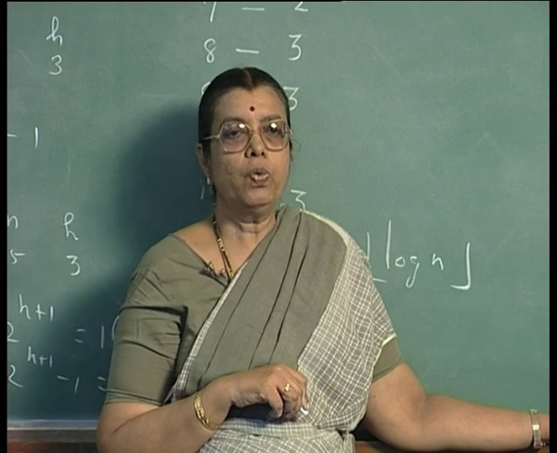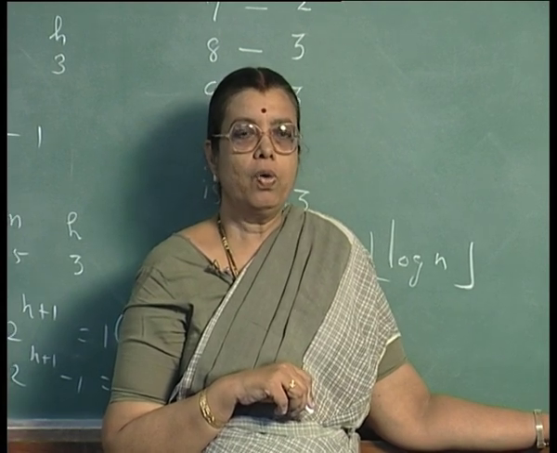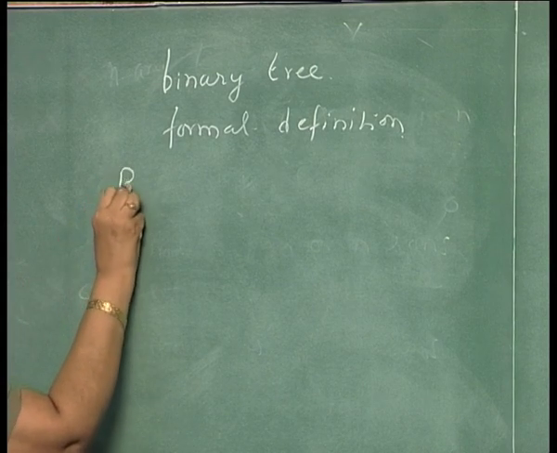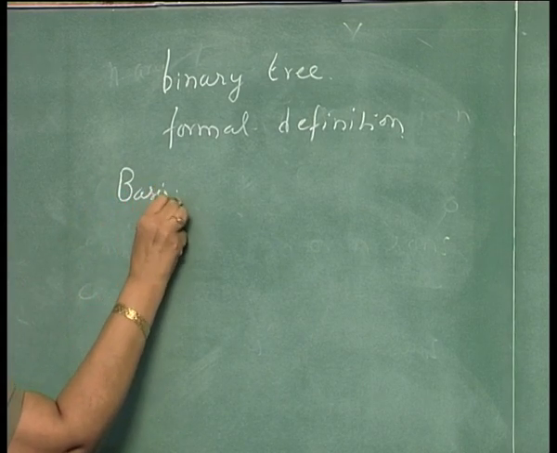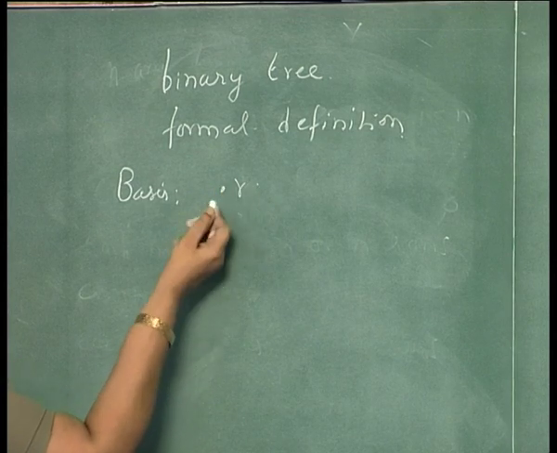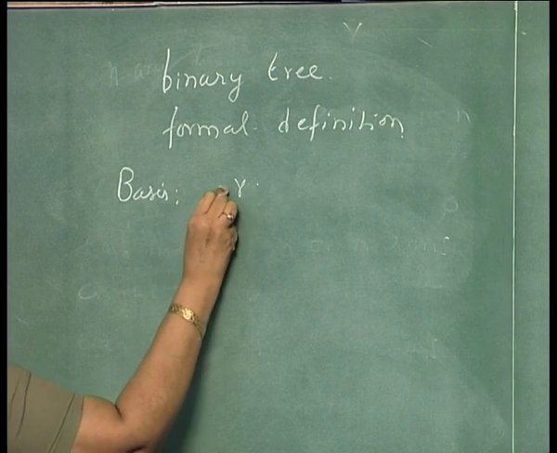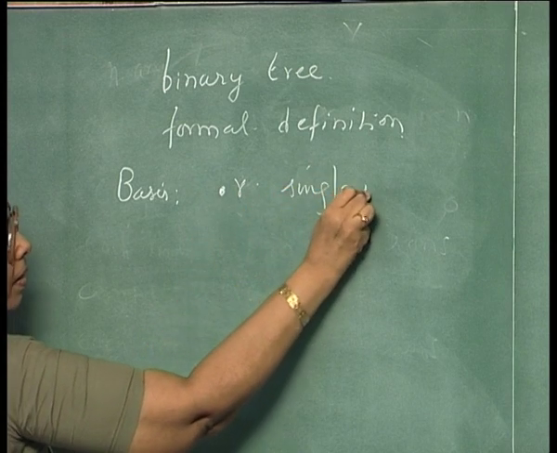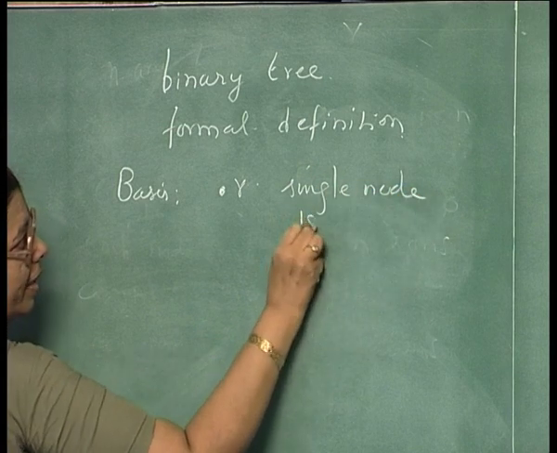So, we can use an inductive definition to define a binary tree. The basis part will be the root node alone, a single node, is a binary tree.